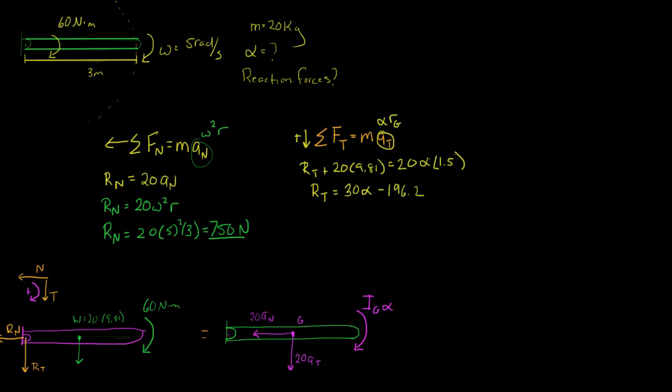Okay, so now let's look at my third equation. The sum of my moments around my center of mass is equal to the moment of inertia of my center of mass times my angular acceleration. What is my moment of inertia? Well, I'm going to look this up in the back of the book, a table of moments of inertia, and I'll get that the moment of inertia of this long bar about the midpoint is equal to 1/12 m times the length squared.